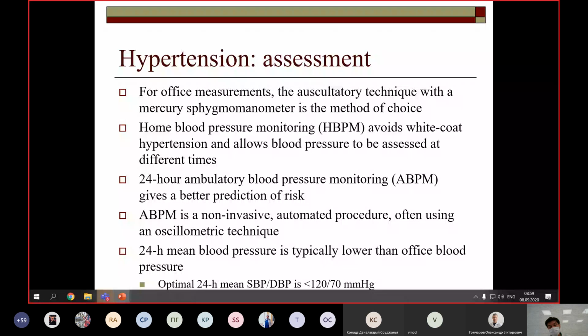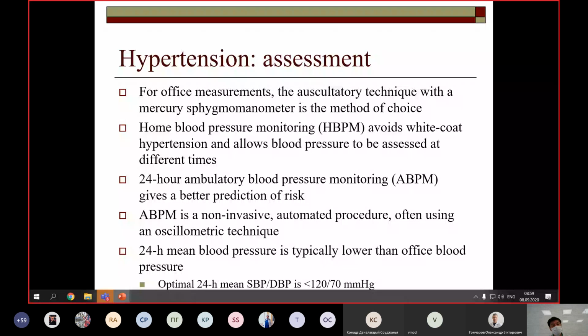Home blood pressure monitoring and ambulatory blood pressure monitoring are both methods used in routine to provide differential diagnosis between masked and white coat hypertension, to define whether the patient is a candidate for advanced antihypertensive therapy, or to verify whether your patient has full control after the initial prescription of some drugs.